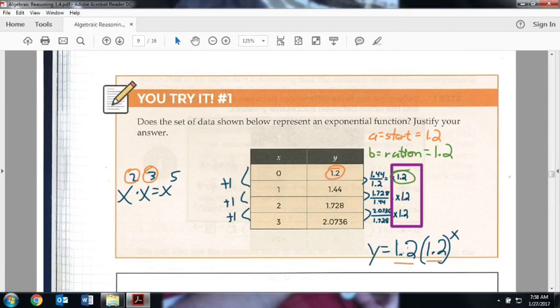You have to have the same base though. In this case, I've got the same base, and remember there's a little 1 right here. So we can write this as y equals 1.2 to the power of x plus 1. Now, if that confused you, don't worry about it. I'm not going to sweat it.